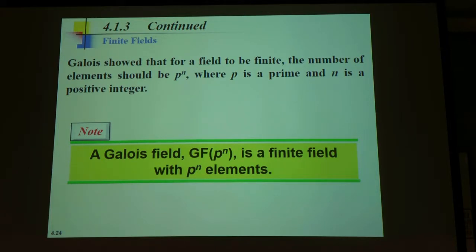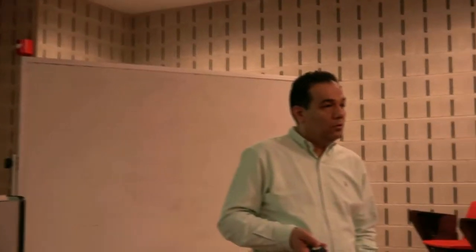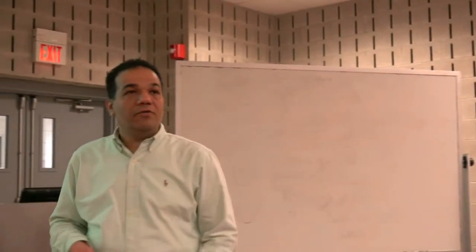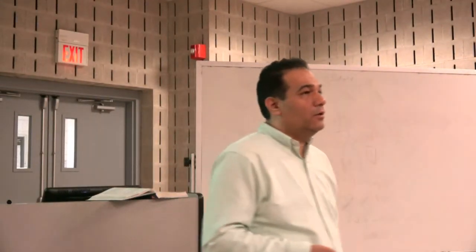So for a field to be finite, the number of elements has to be some prime to the power of a positive integer. Primes like what? 2, 3, 7, 5, the prime numbers. What's a prime? A number that is divisible only by itself and 1.